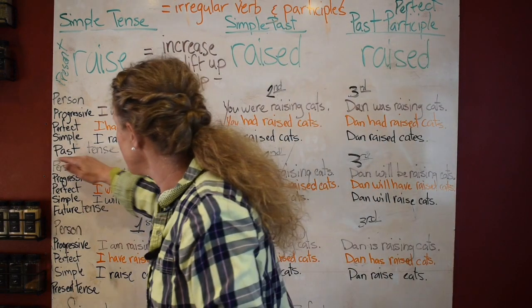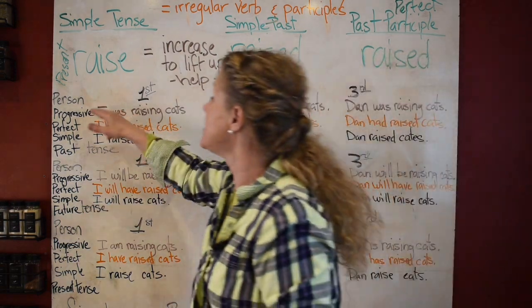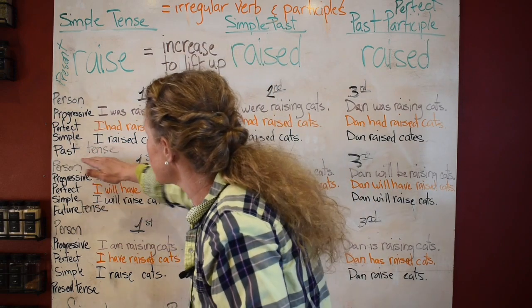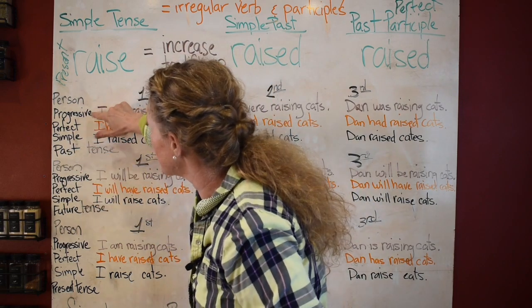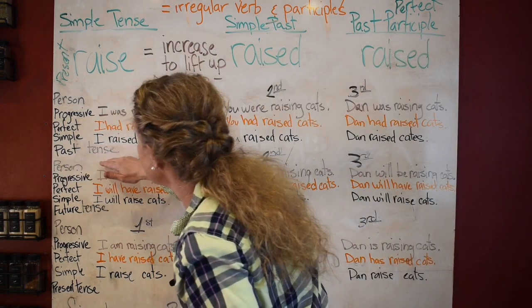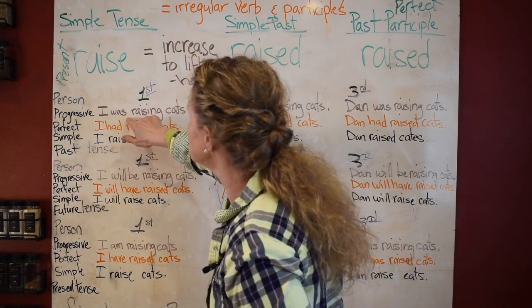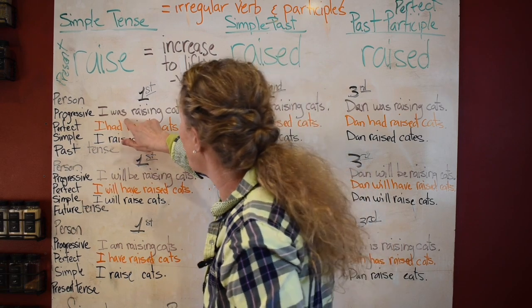So let's look at this. We have the past tense. We're focusing on the past tense, and I did mix these up. So look, the past tense, and I did the progressive, the perfect, and then the simple. So look, past tense, if we're sitting in the progressive, you have to use your auxiliary verb was.